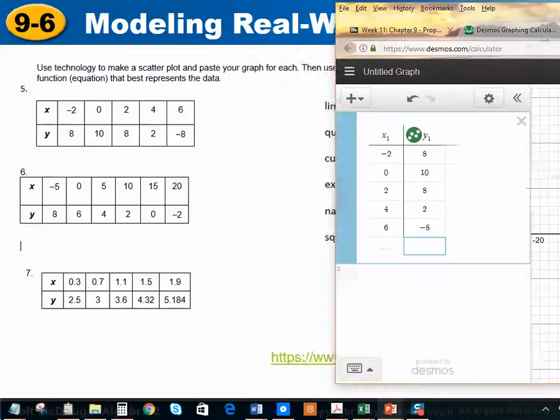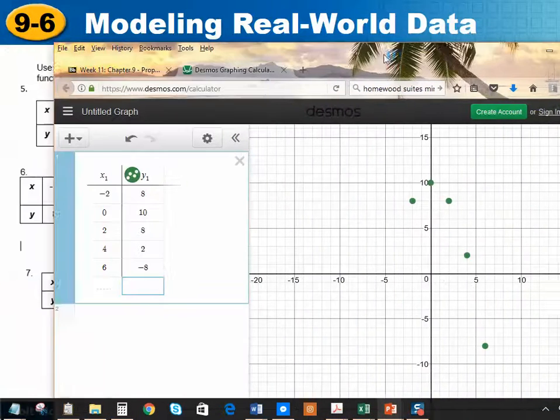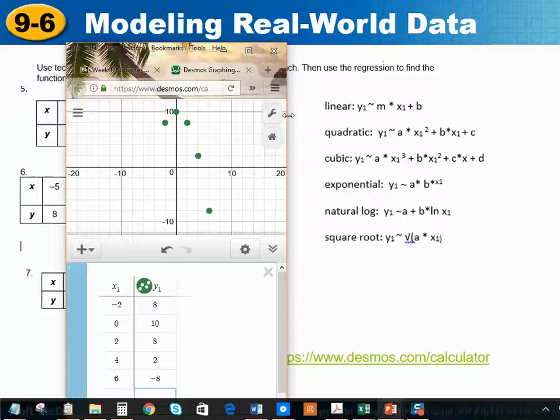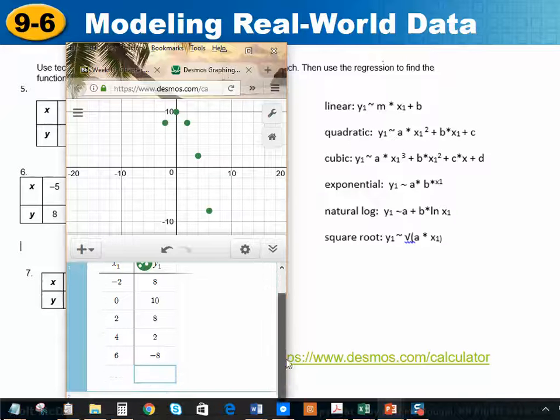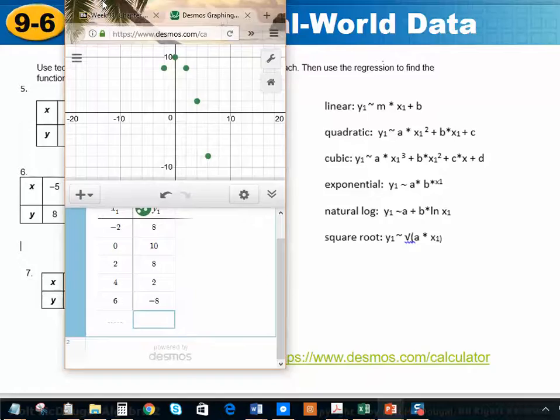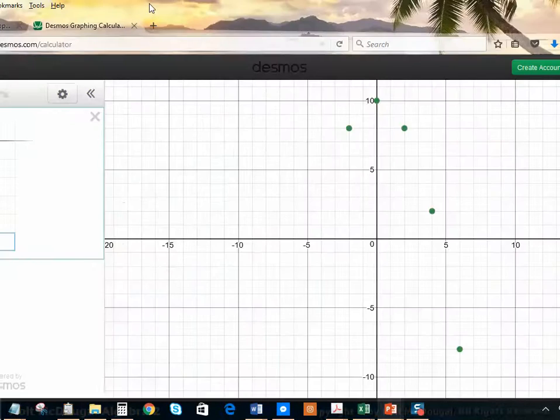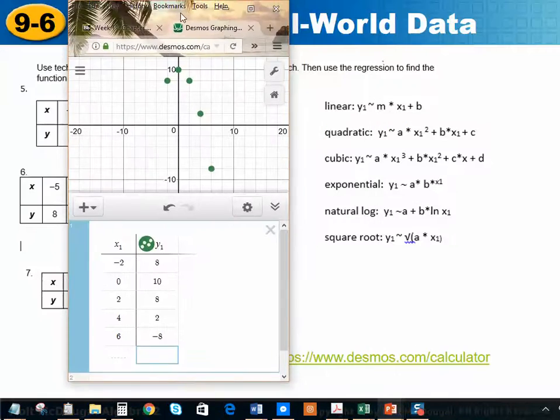And over here, let's see, make that really little, is the quadratic regression thing. Stay over there this size. Okay.